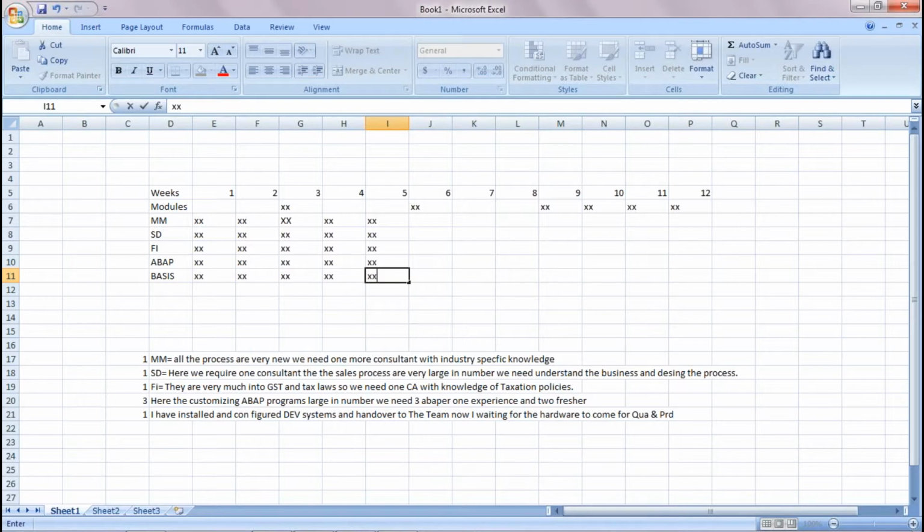See, here you see they are lagging by one more week. Every team is lagging, but they have to reconsider the things and start working.